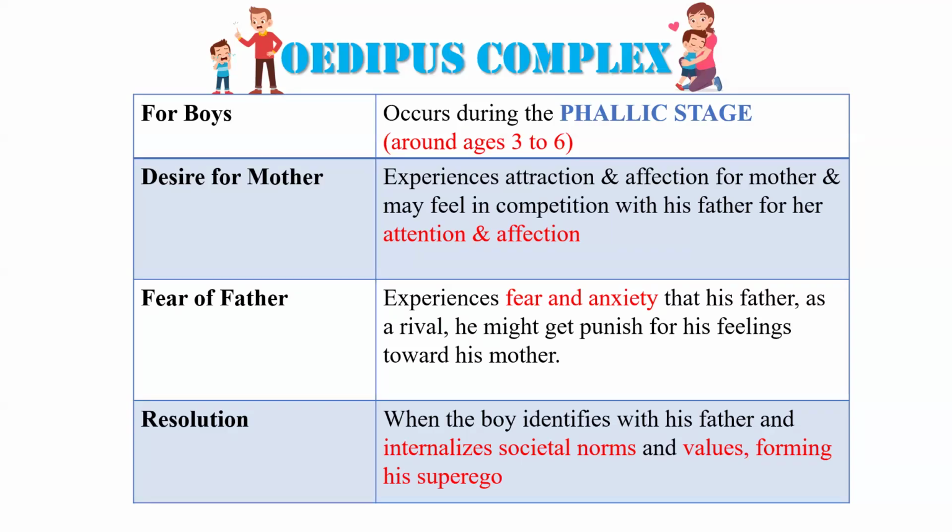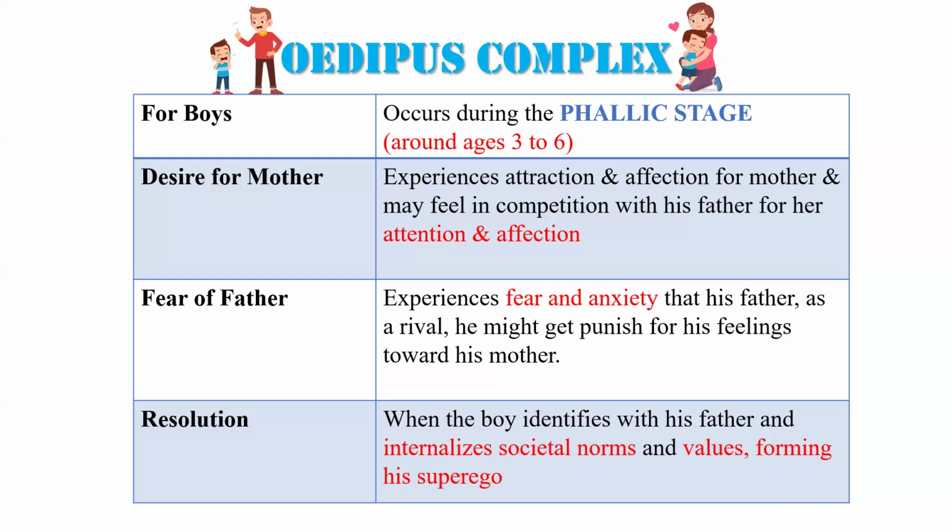The son feels that if his father finds out about the desires he has for his mother and the competition he feels, his father will beat him. That anxiety is termed by Sigmund Freud as castration anxiety. The resolution of this Oedipus complex is if the father is continuously available for the child, for a boy during this phase of 3 to 6 years, taking part in whatever the child is doing and trying to develop a healthy relationship.